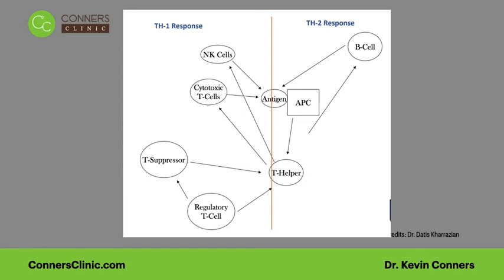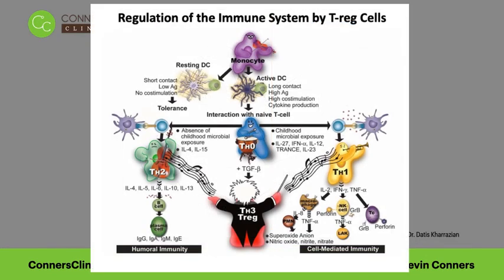Problem is, if it's trying to kill things that aren't killable or aren't easily killable, that's where we have a problem. So here's another picture, maybe a better graphic. In this picture, the Th1 side is on the right and the Th2 side is on the left, it doesn't make any difference. And that Th3, the conductor down in the center, is the Treg cell.